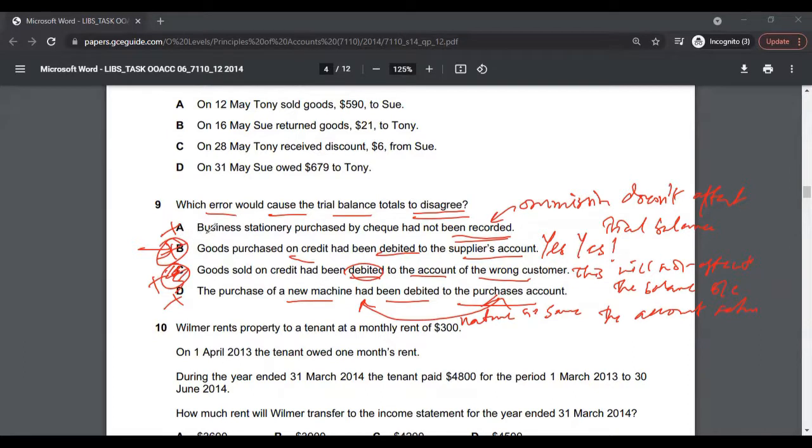Option B: goods purchased on credit had been debited to the supplier's account, because then the nature of the account is different. So the answer to multiple choice 9 is option B.